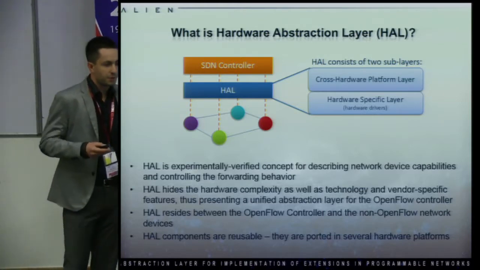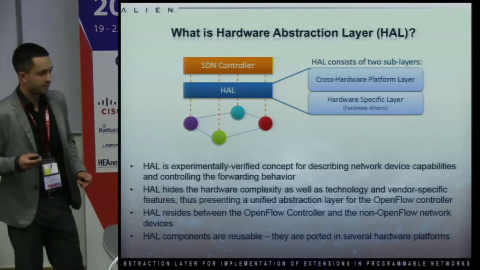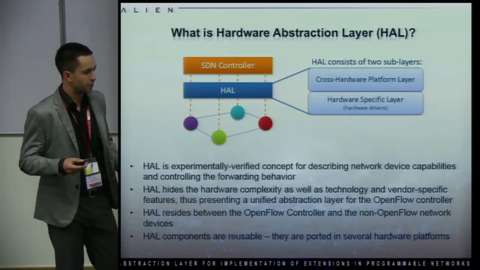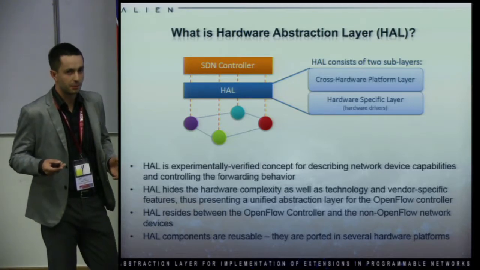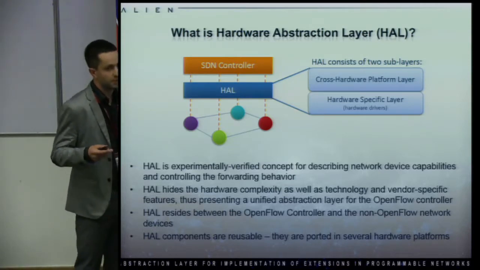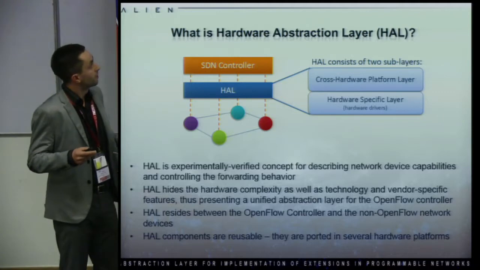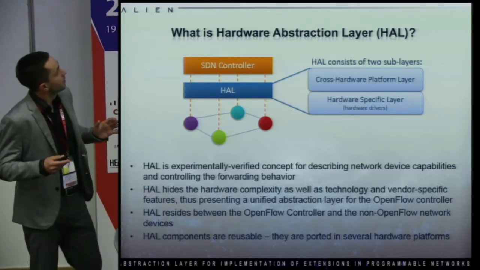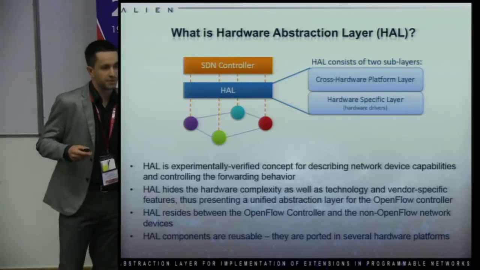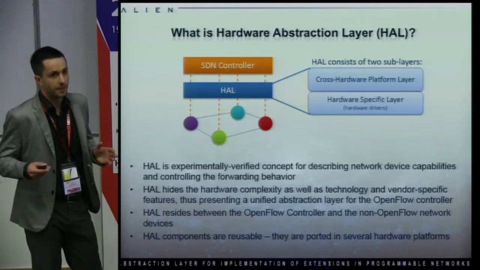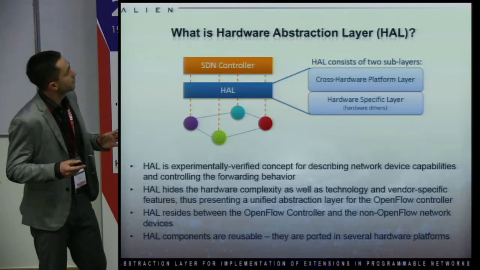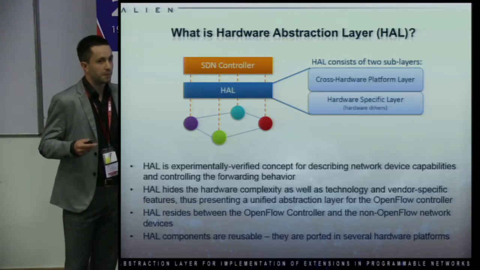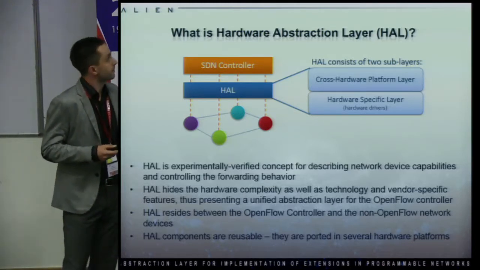It sits between the SDN controller and network devices, and to make HAL as reusable as possible, we divided it into 2 sublayers: the cross-hardware platform layer, which is the hardware-agnostic part of HAL, common for many devices, and the hardware-specific layer, where we implement hardware drivers.